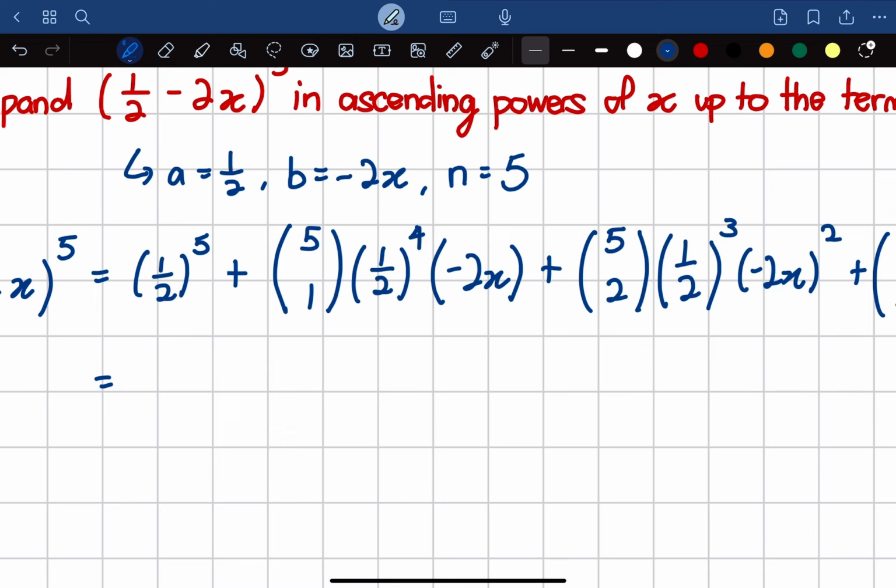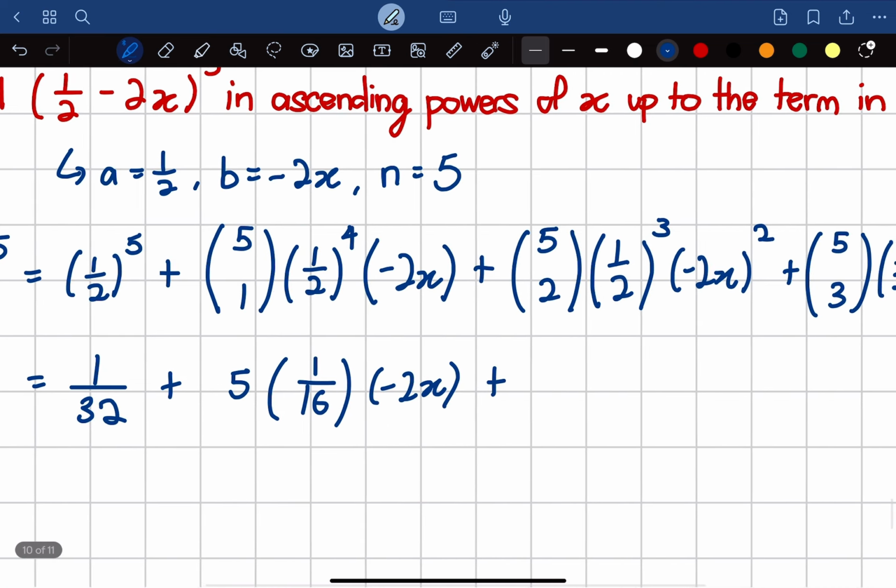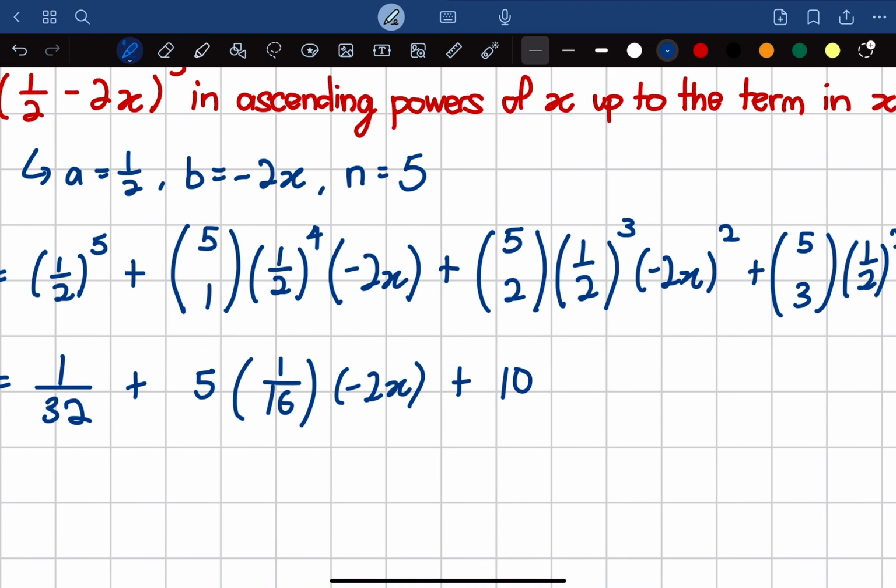So the first one, half power 5, I know that this is 1 over 32. Next one, 5 choose 1, you can key this in your calculator. 5 choose 1 is simply 5 times half the whole thing power 4, which will give us 1 over 16 times negative 2x, plus 5 choose 2. 5 choose 2, if you key this in the calculator, it will be 10 times 1 over 8.